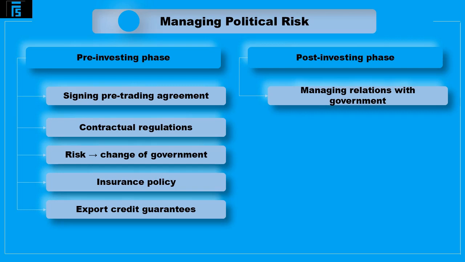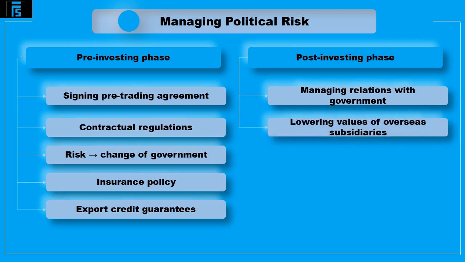On the other hand, companies may also take actions aimed at lowering the value of their overseas subsidiaries as perceived by local governments in order to deter them from attempts to expropriate those subsidiaries' assets. Such actions include locating critical value-adding production stages in the home country, holding control over distribution networks, and protecting intellectual property with international patents.